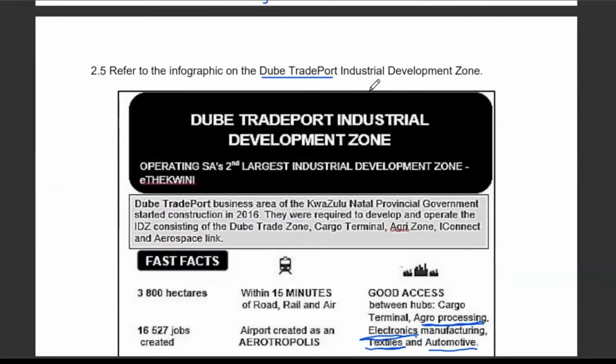So the Dube Trade Port is the one that is going to be examined in the 2025 November exams, and also in 2026 May, June. So this is an area of specialization in economic geography. You specialize. So for the 2025 November examinations, the Dube Trade Port is your industrial development zone. So you must focus on that area of specialty.